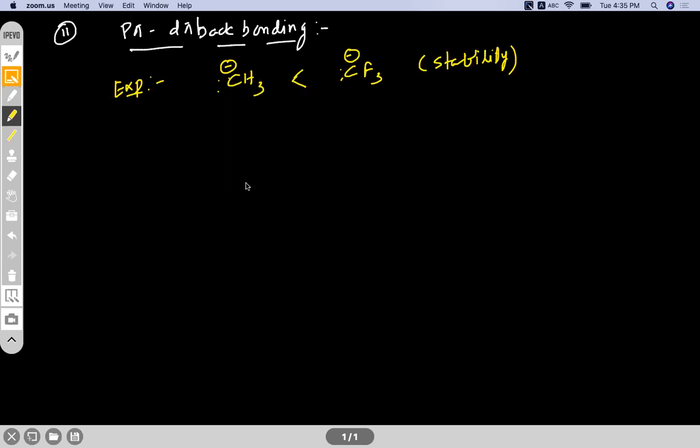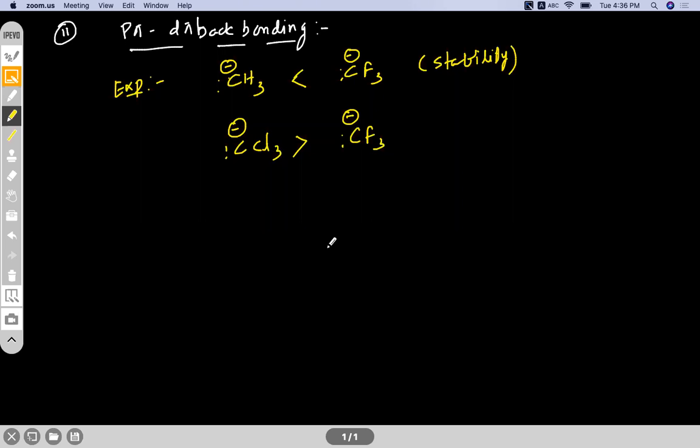Okay, if you compare the stability of CCl3 negative charge and CF3 negative charge, then CCl3 minus is more stable than CF3 minus.